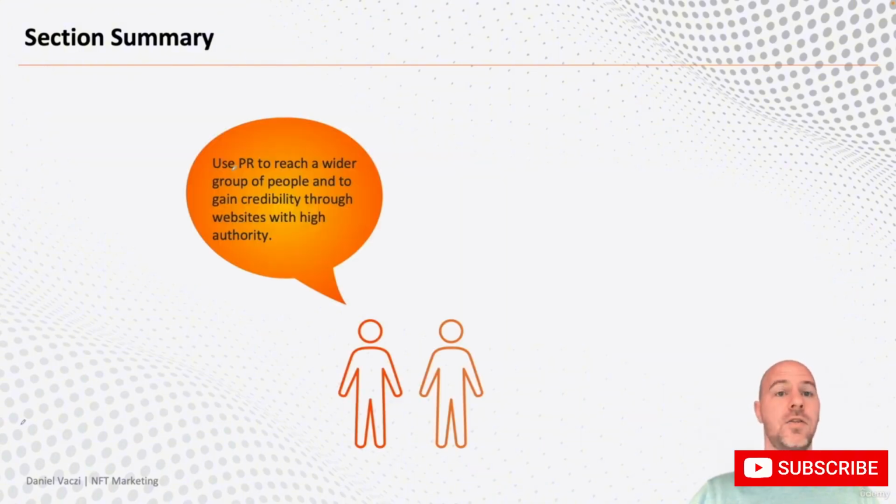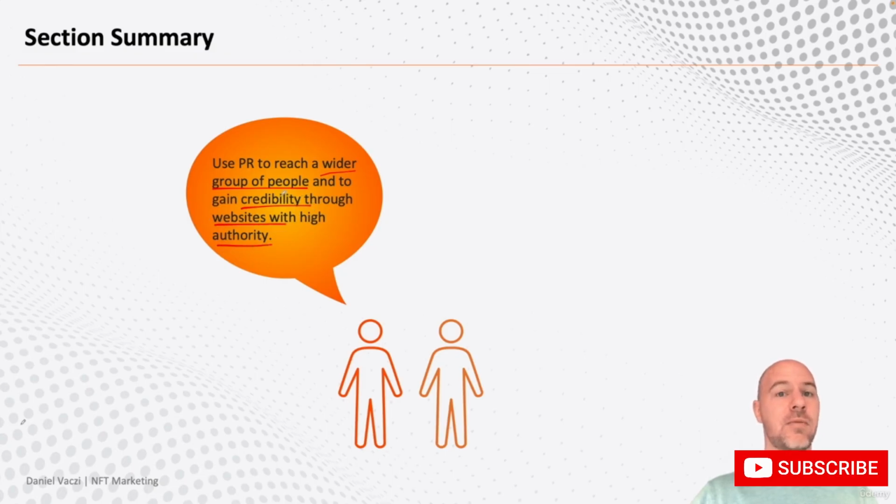Now let's summarize this section. This was a fast section. It was really quick. We've gone through PR and influencer marketing at this level. What we want to achieve is not super complicated. Of course, you can take everything to the next level and the higher level, but for what we want to achieve now, it is perfect. So use PR to reach a wider group of people, to gain credibility through websites with high authority.